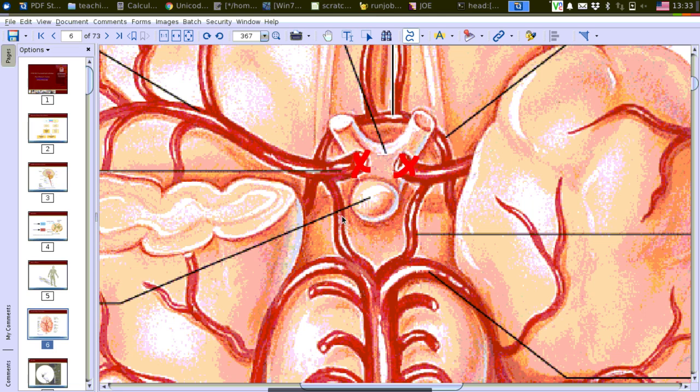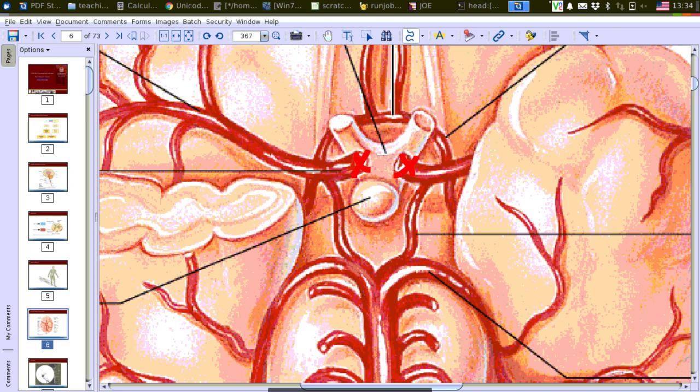Normally it can't come up here because of the pressure provided by the internal carotid arteries. But in this case, since they're blocked, the blood will come up here and feed the middle cerebral artery and the anterior cerebral artery on both sides. So it will return blood flow to the brain.